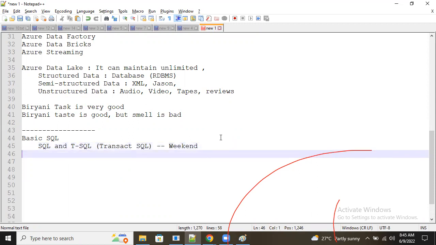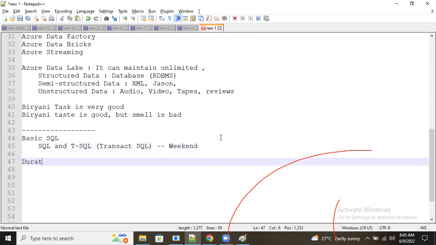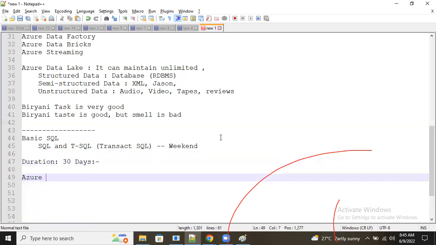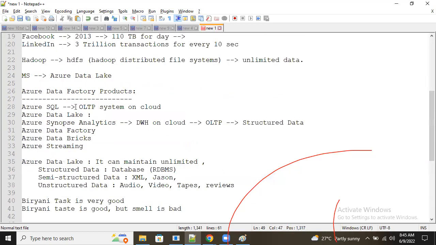And the duration. Friends, the duration is 30 days only. Why am I considering 30 days? I want to finish it in 30 days, and there is a reason. If you go for an Azure subscription, it includes 200 free Azure services, which includes everything.